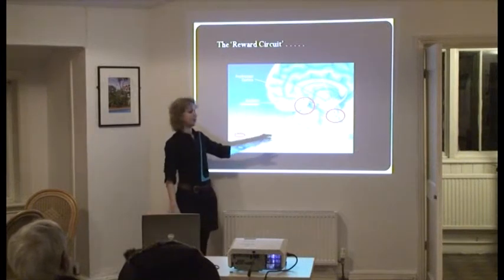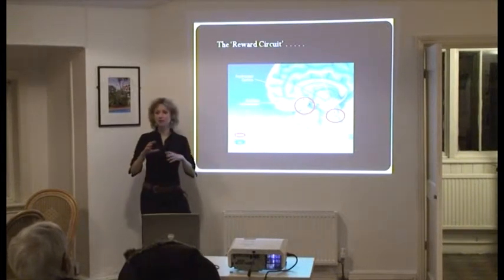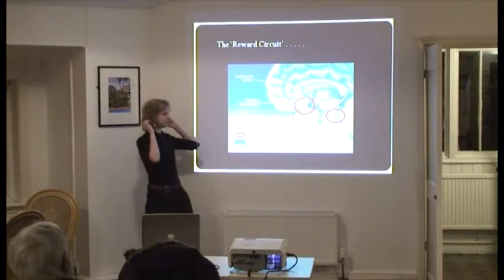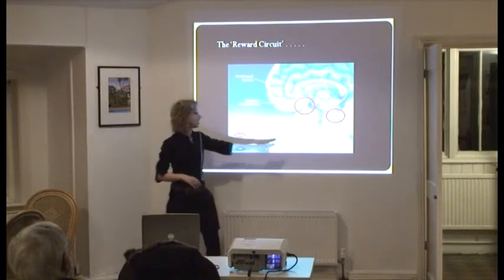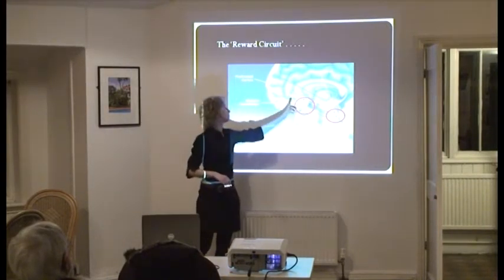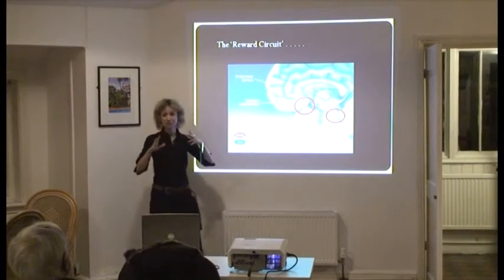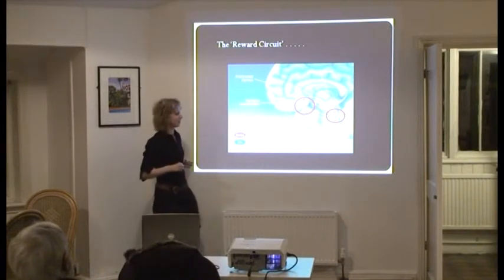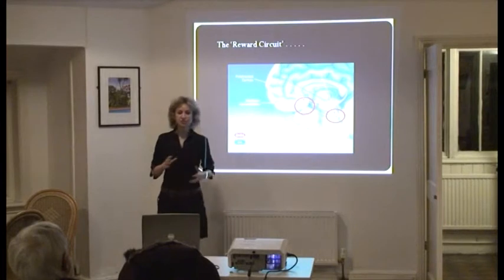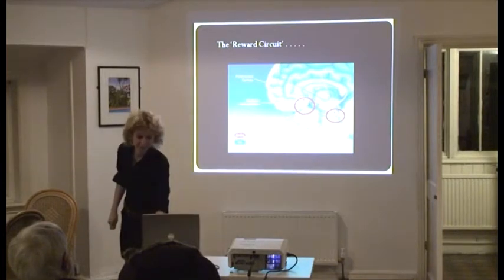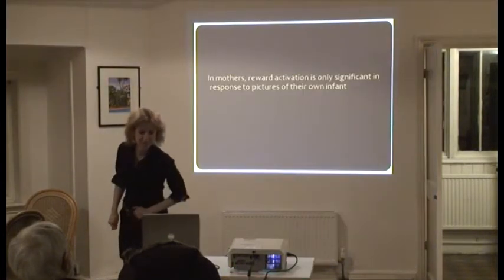The ventral tegmental area, which is an area full of dopaminergic neurons, which fire when they see an infant face. And these neurons project to further ones, such as the nucleus accumbens, which then regulates your behaviour in other ways.